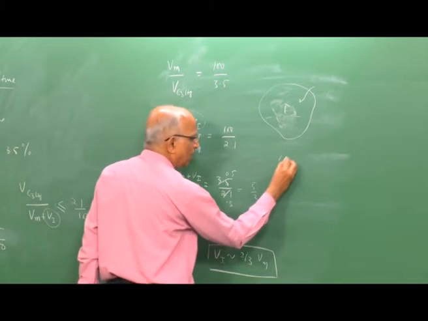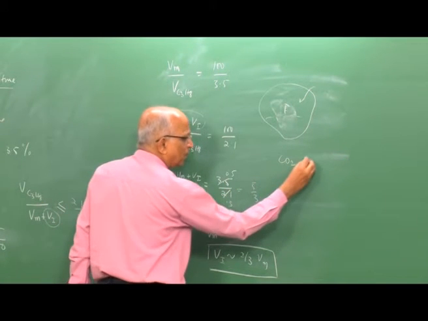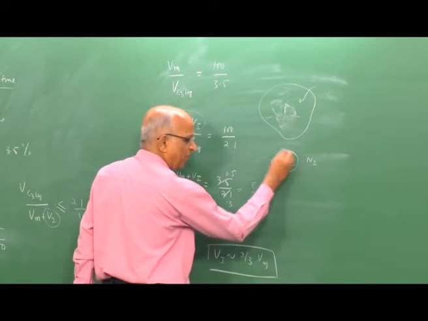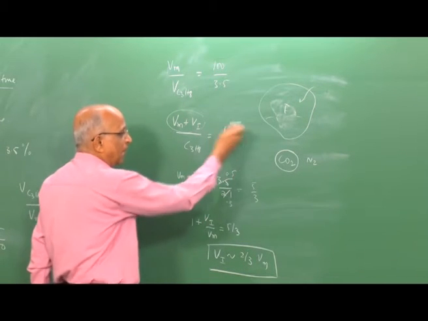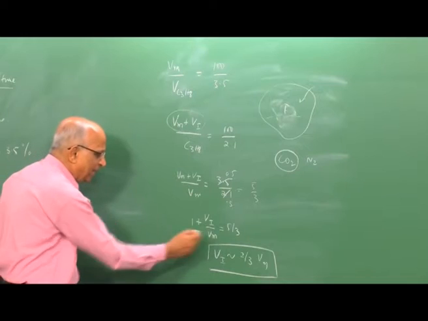In that context, gases like CO2, which have a larger value of specific heat compared to nitrogen, are more effective as a diluent or as an inert gas.